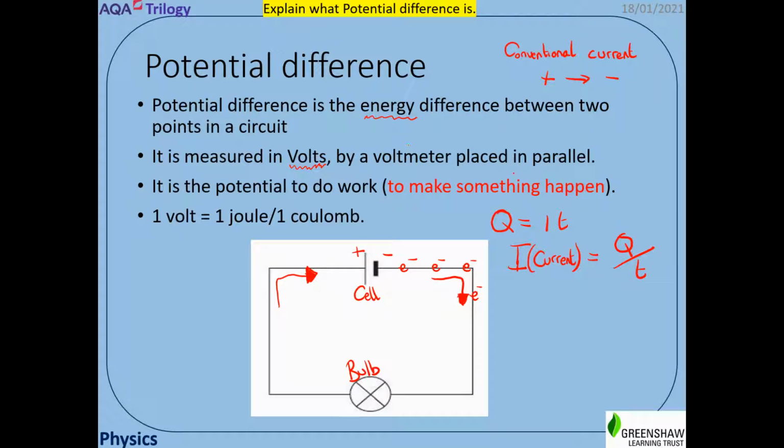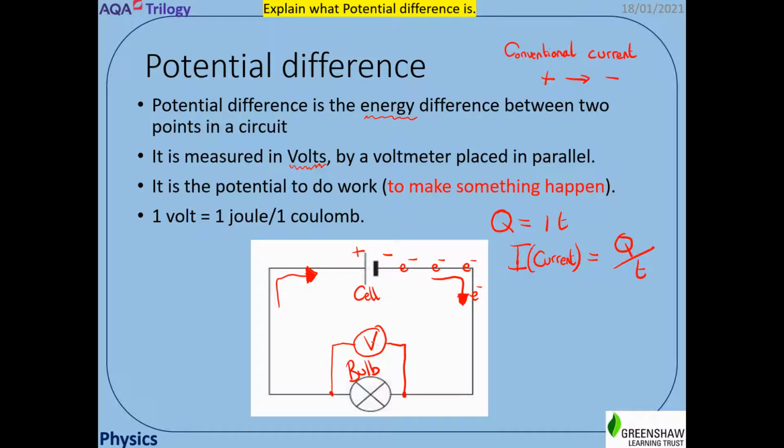And you might even remember that voltmeters have to be placed in parallel. What that means is that they stretch from one side of a component to the other side of a component.